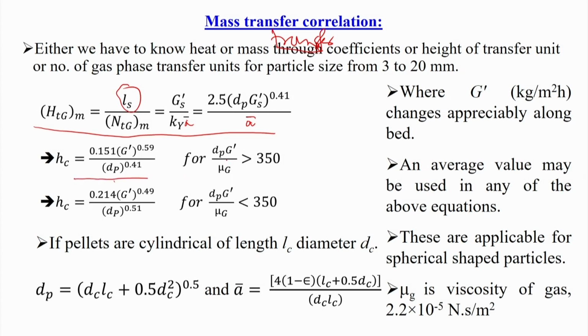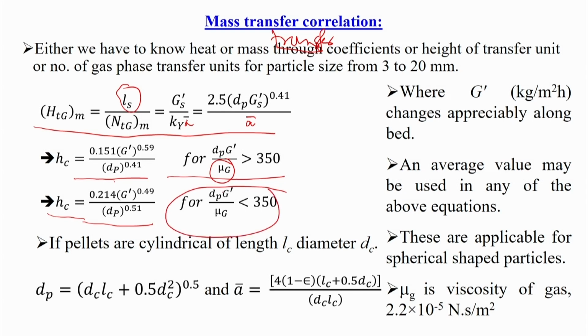0.41 for dp into g prime by mu g greater than 350, where mu g is the viscosity of the drying gas. The heat transfer coefficient will be 0.214 into g prime to the power 0.49 by dp to the power 0.51 when dp into g prime by mu g is less than 350.